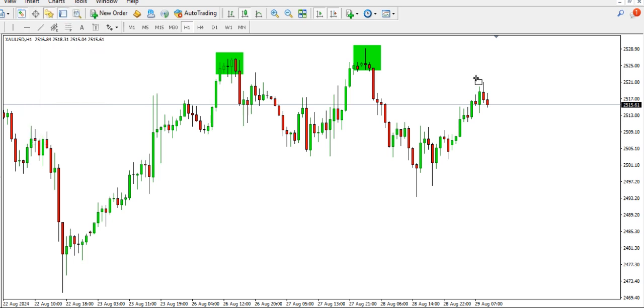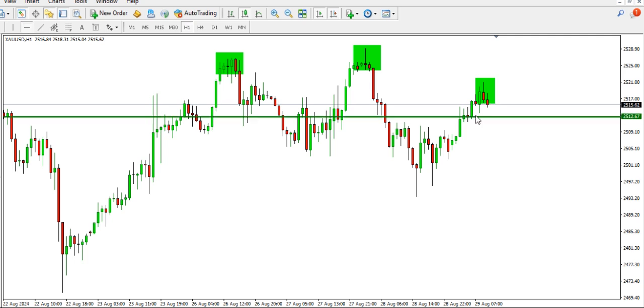It's forming another top, but it's not really confirmed yet, because we have this particular other block here on the 1-hour time frame. Price might get to this level 2512 to find buyers and continue to form a higher high. This is a low, this is a high.